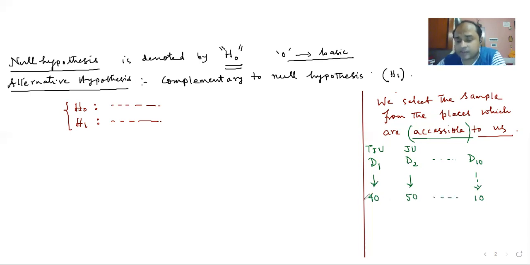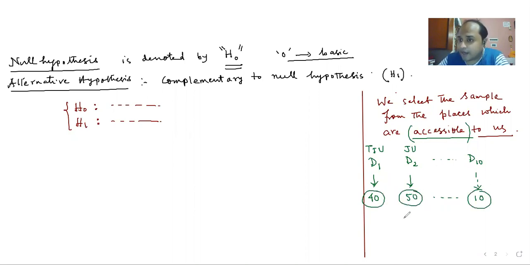Now suppose the survey is tedious and my questionnaire is too long, so I have to question those students. Then actually we don't survey all the 40, 50 and 10 students.